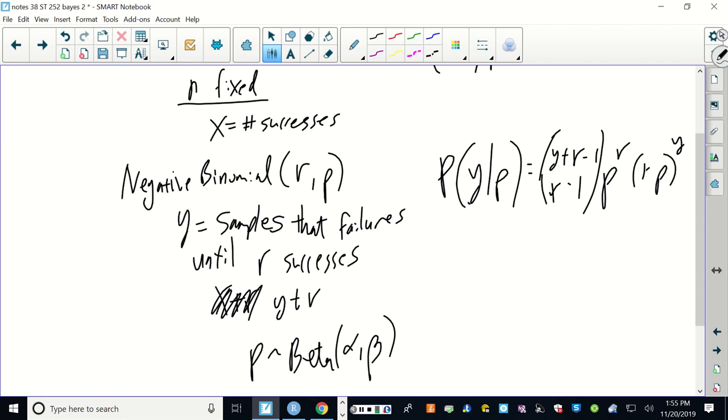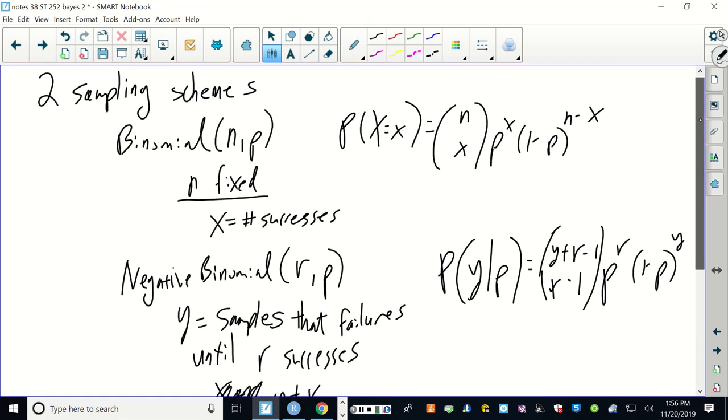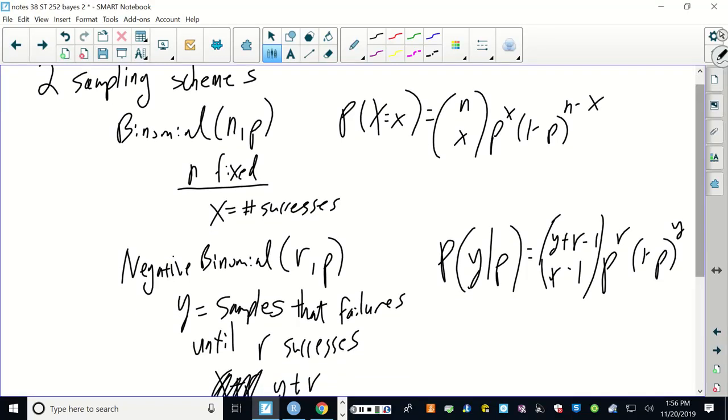So if it turns out that things line up and you get the same number of successes and failures, right, in these two scenarios, if it turns out that you got X successes here and you planned on that number of successes down here, and the number of trials you had to do to make failures ended up matching up that. If these two things match up, you have the same kind of core part of this likelihood, and the prior is the same.